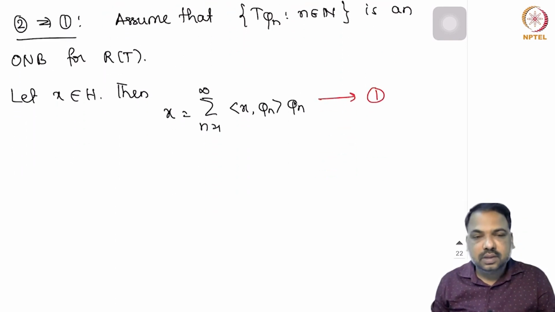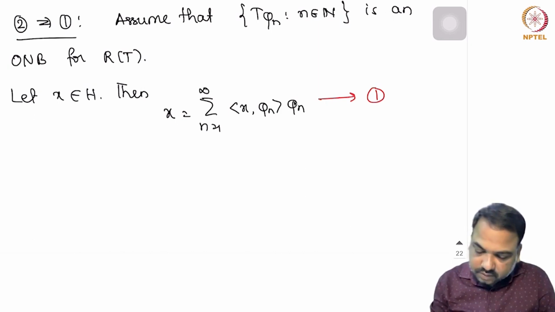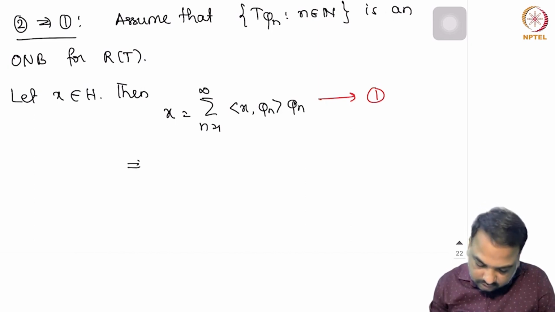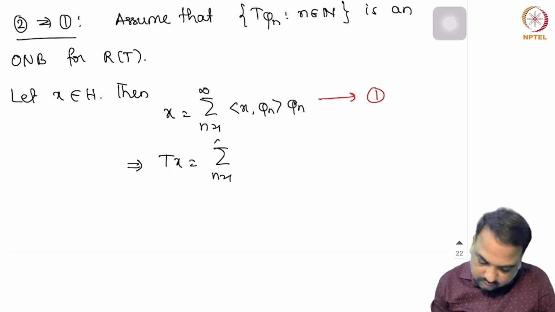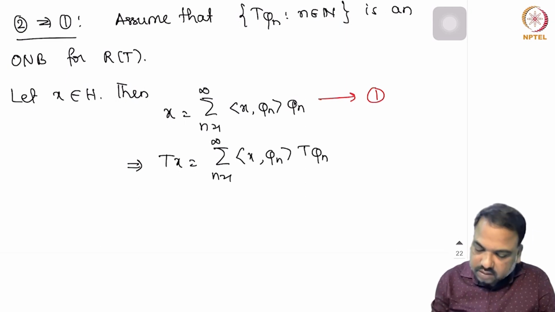This is a Fourier series representation for any element in a Hilbert space with respect to an orthonormal basis. So from this we can conclude that Tx is summation n equal to 1 to infinity of the inner product of x with phi n multiplied by T phi n. Let us say this is 2.